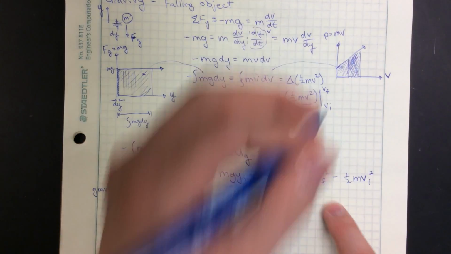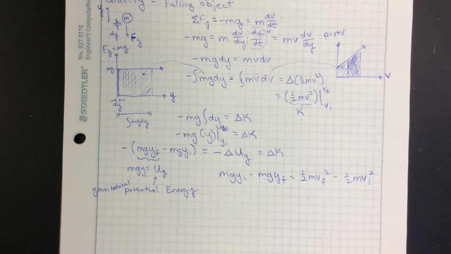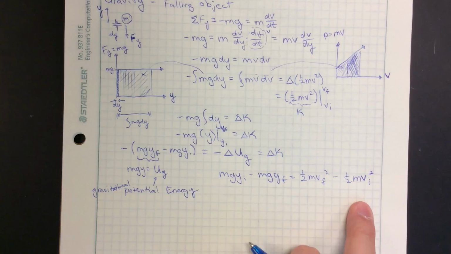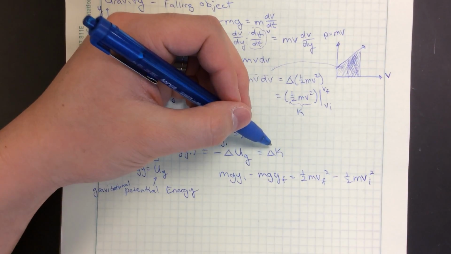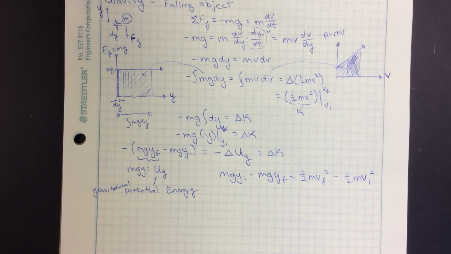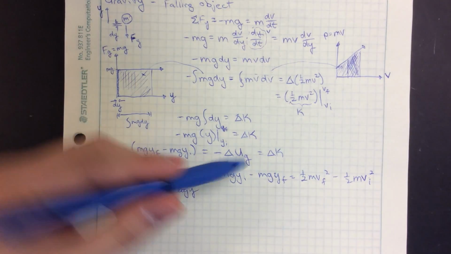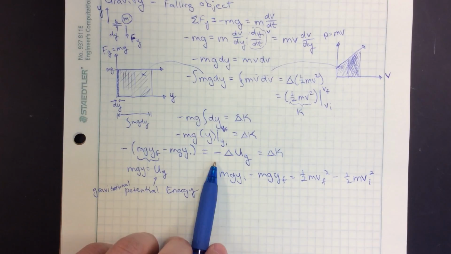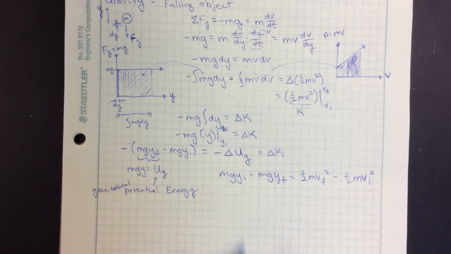Sometimes it can get confusing about your finals and initials, and why it's sometimes initial minus final, sometimes final minus initial. When you look at the change in any property, it is always final minus initial. The only reason this is initial minus final is because there was a negative there. When you distribute the negative, it switches the subtraction.